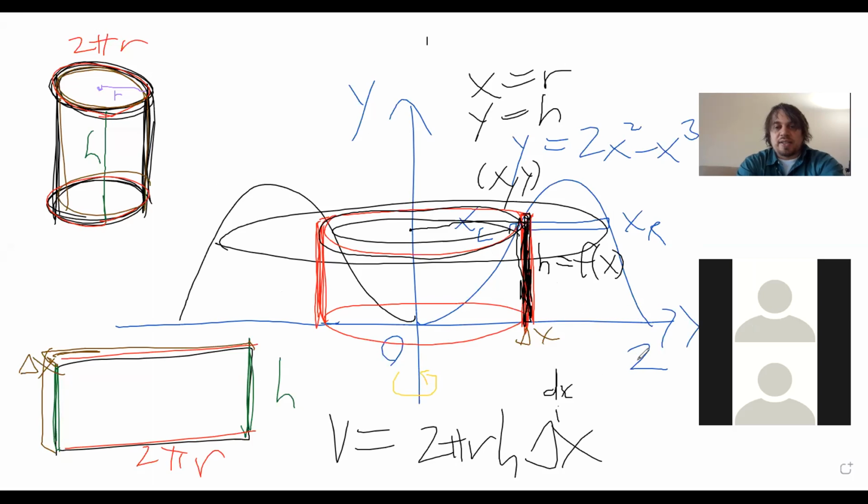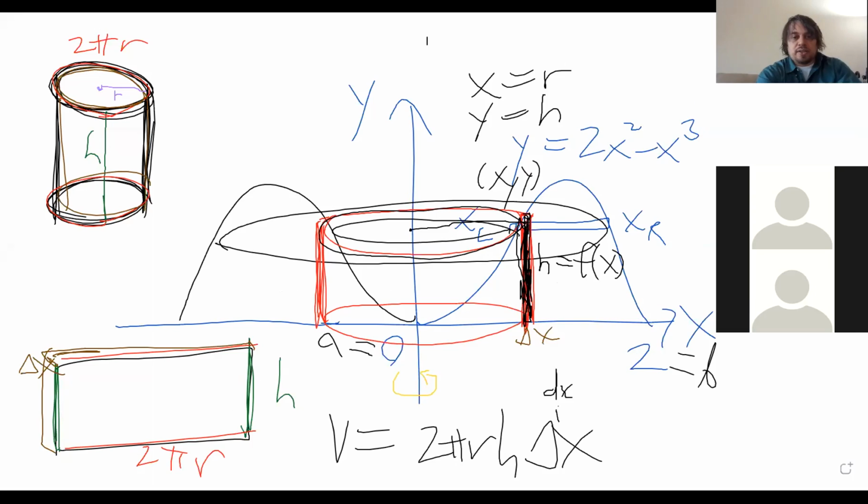This is a and this is b. And then f of x is 2x squared minus x cubed, and the x is just the x coordinate.